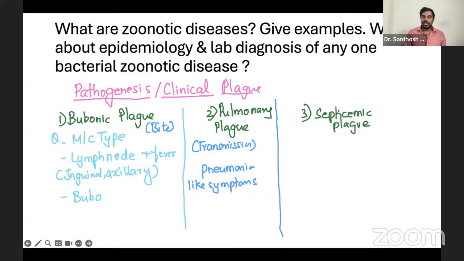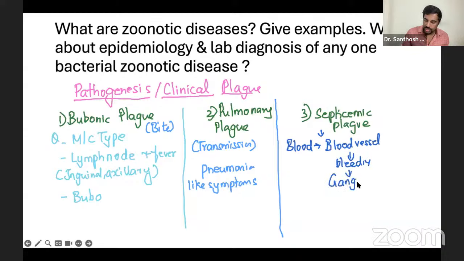If the treatment is not given earlier, then it can go to blood and cause septicemic plague. In septicemic plague, usually they end up with this when the bacteria go to the blood. It then causes blood vessel ruptures, and then there will be bleeding, and usually it ends in gangrene.